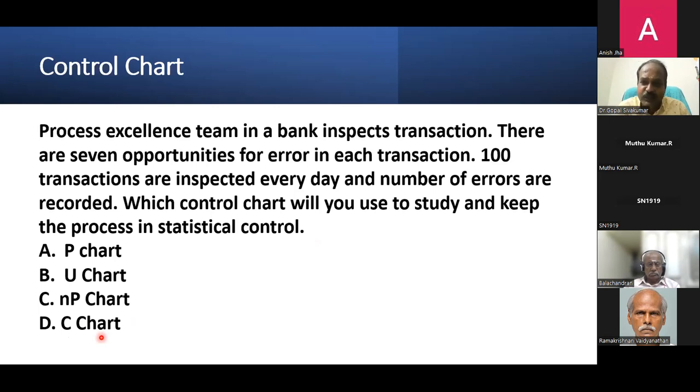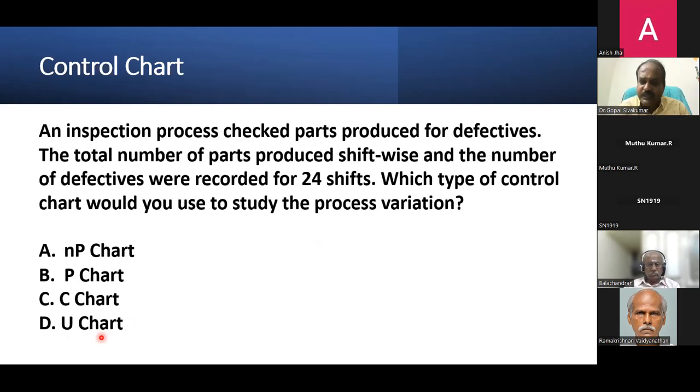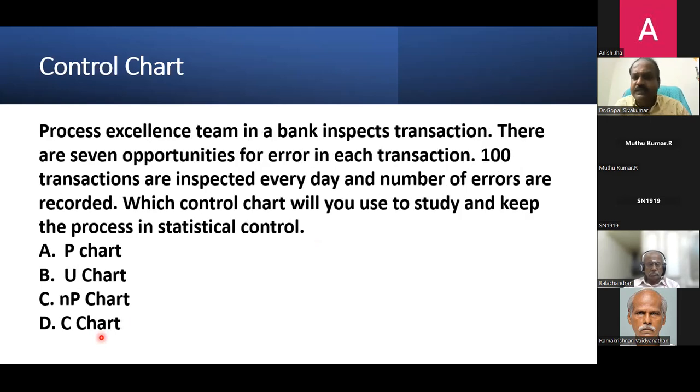If the bank IFSC code is mentioned wrongly, the transaction is a failure. There are 7 opportunities. Now 100 transactions are inspected every day and the number of errors is recorded to see whether the process is under control or not. Now, which control chart will you use to study and keep the process in statistical control?